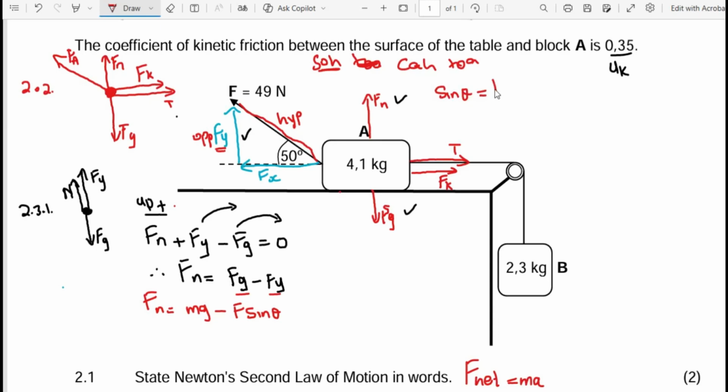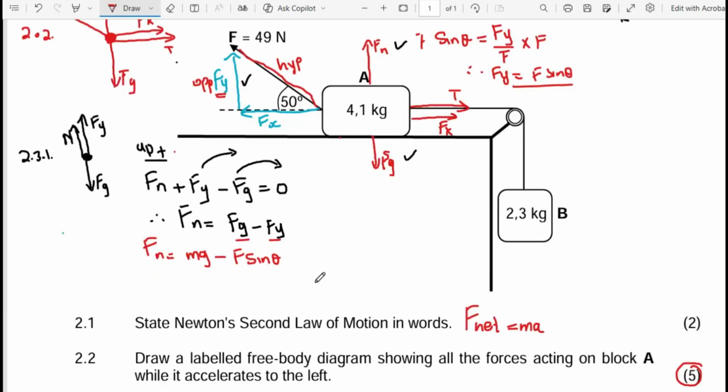It's equal to opposite, which is Fy, over your hypotenuse, which is F. So to make Fy the subject of the formula, I'll multiply this by F, that by F. Therefore, what is your Fy? It is just F sine of theta. But we are not here for the basics, right? Let's just work on this.